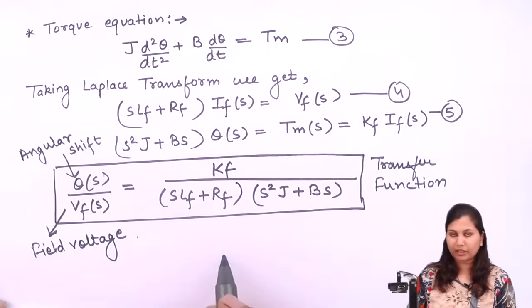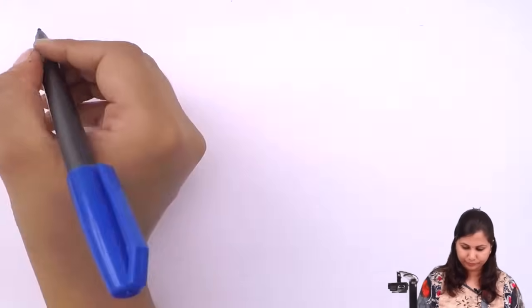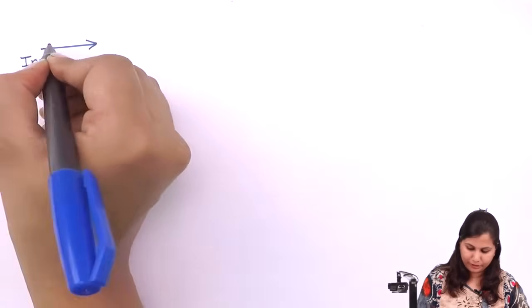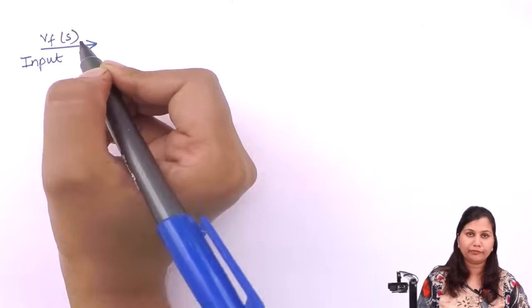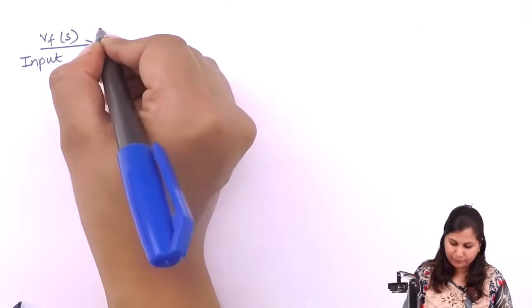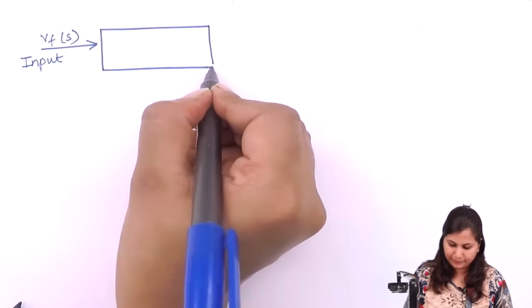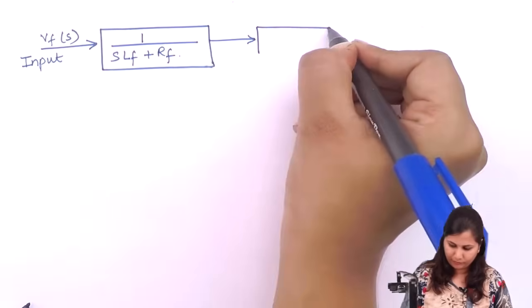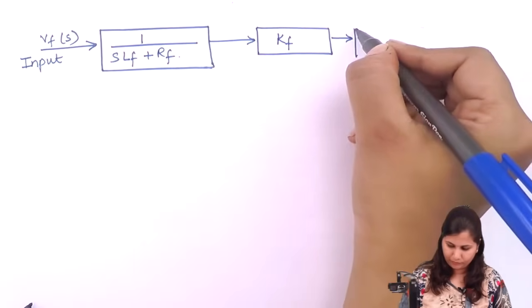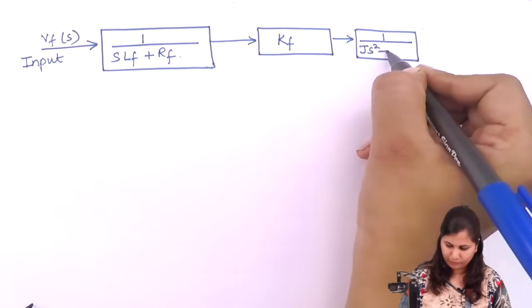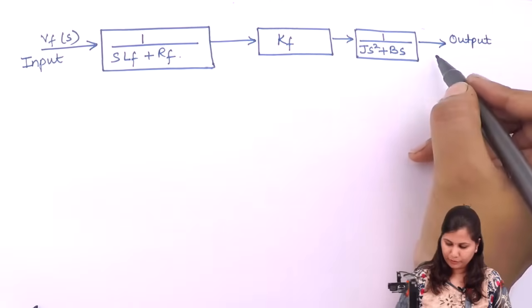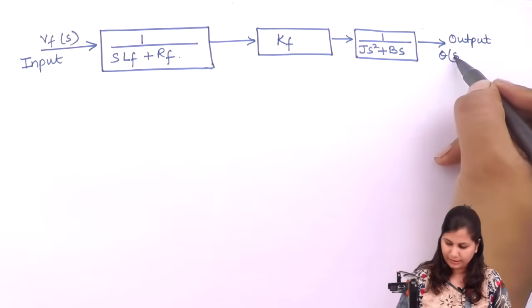Now from this transfer function, if we draw the block diagram, we have here the input, which is VF(S), the field voltage, and this input voltage is multiplied by the transfer function, and here we are getting the output, and the output is theta(S).